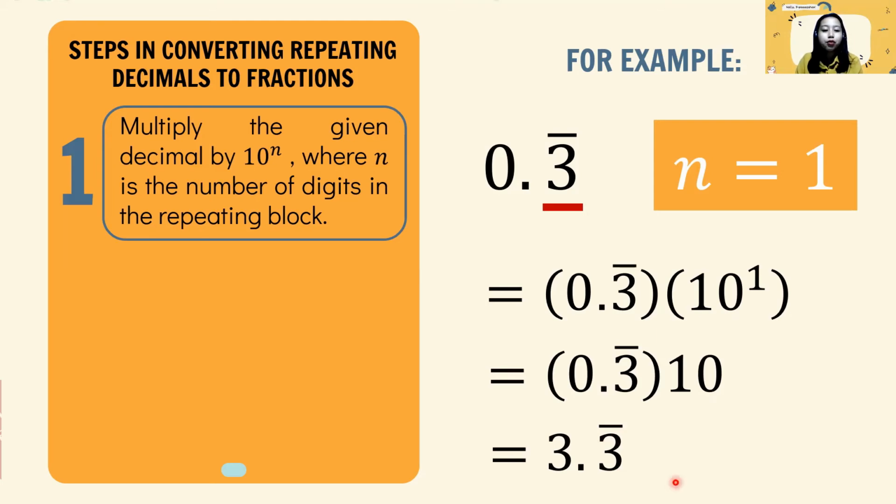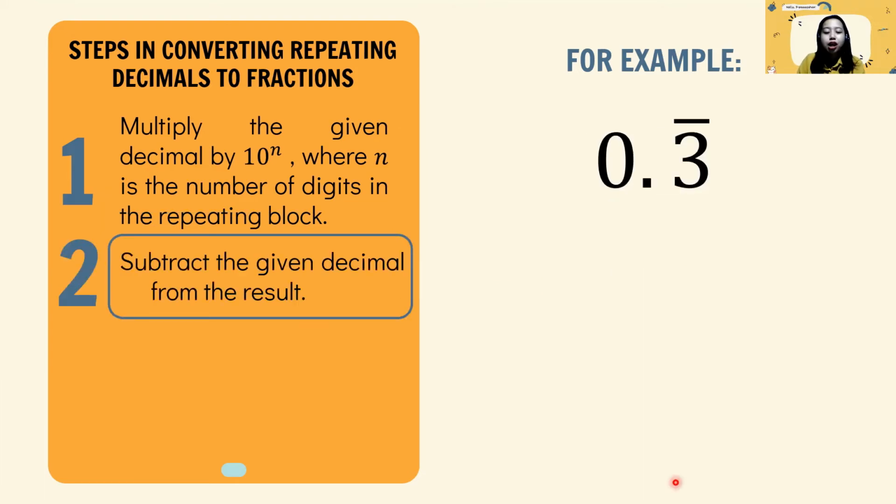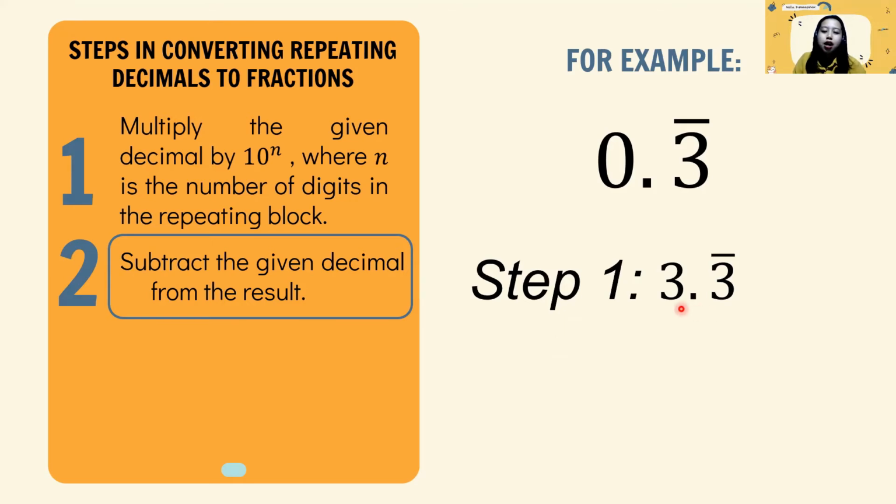Okay, so for the second step, we will subtract the given decimal from the result. So the given decimal is 0.3, and in step 1 we got the answer 3.3.